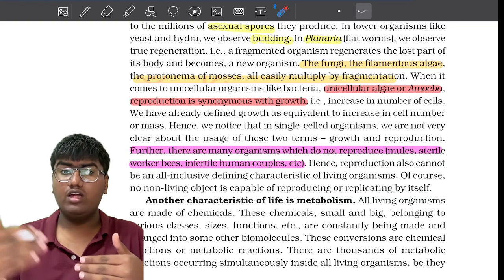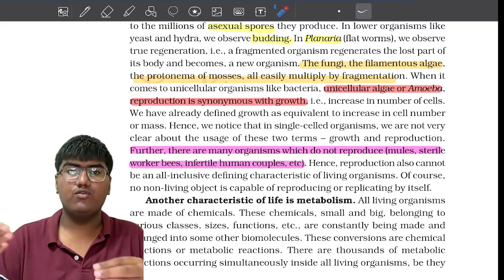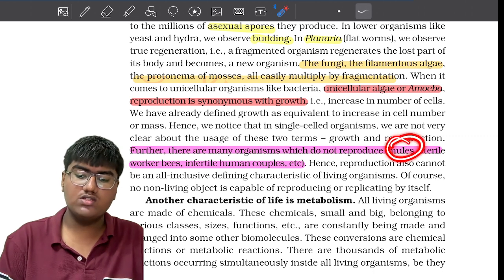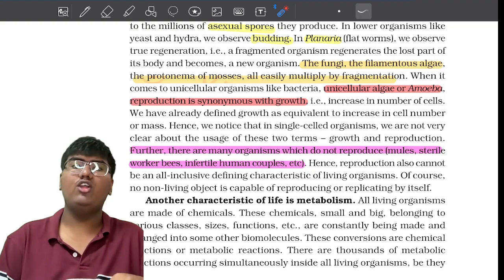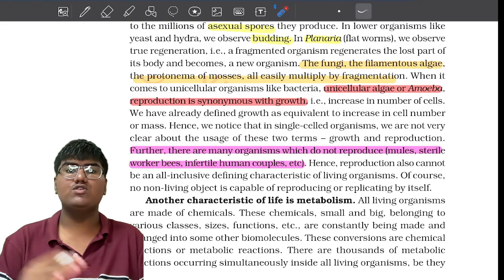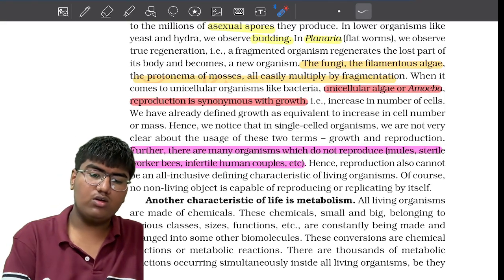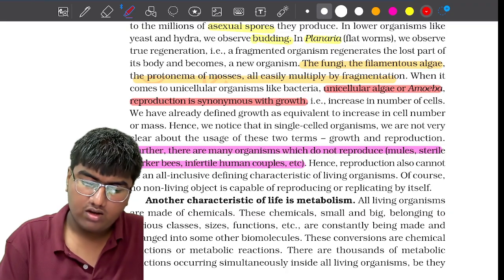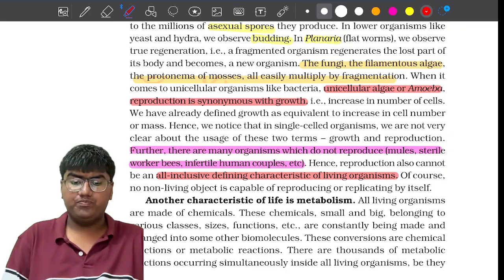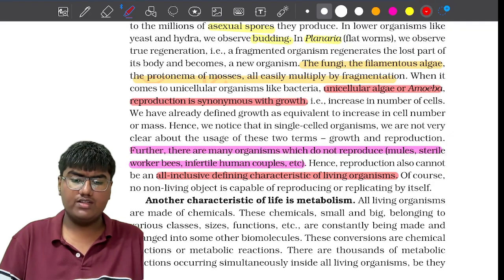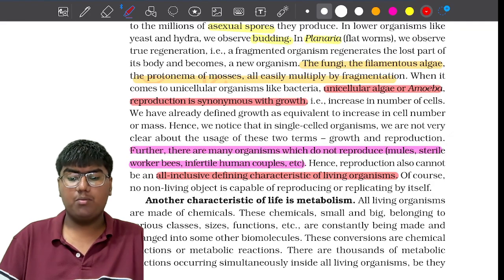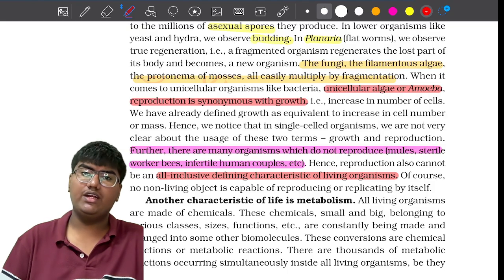If we consider reproduction as an all-inclusive feature, we would mean that mules, sterile worker bees, and infertile human couples are not living organisms, which is not true. So we can conclude that it is not an all-inclusive defining character. Of course, a non-living object is also capable of replicating by itself.